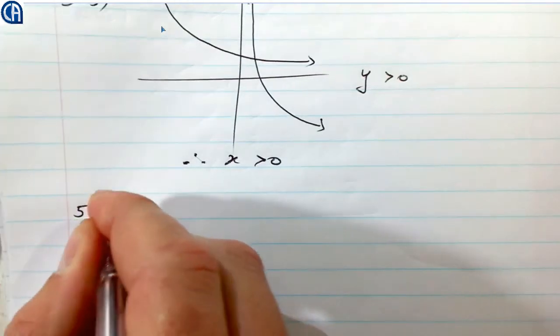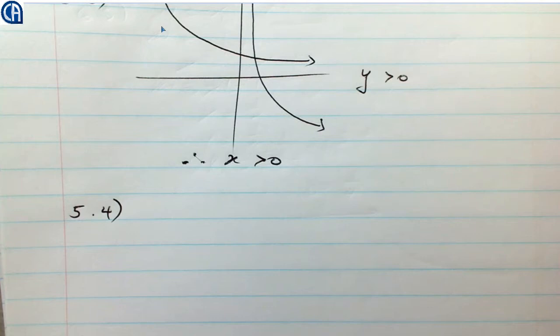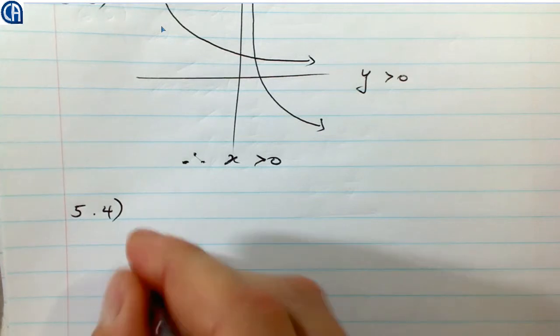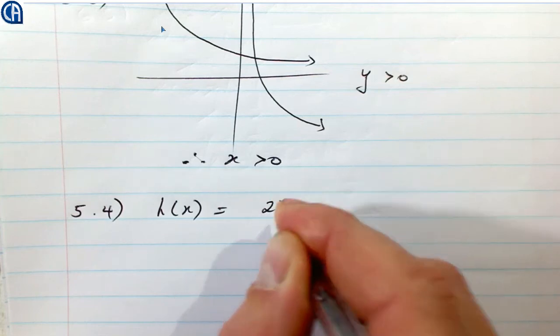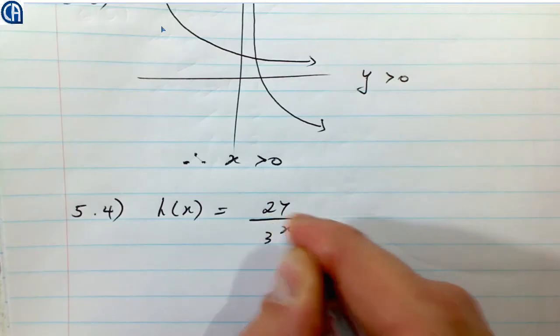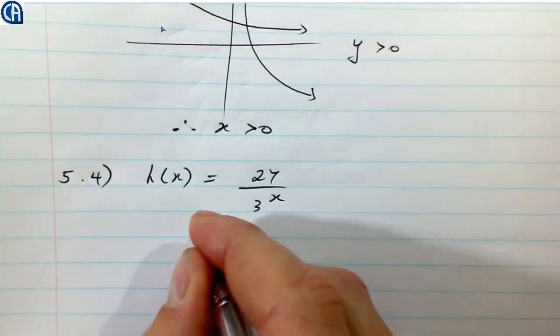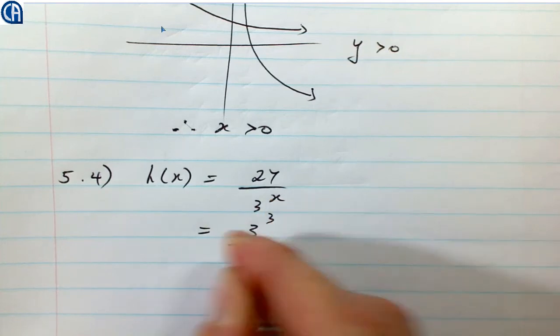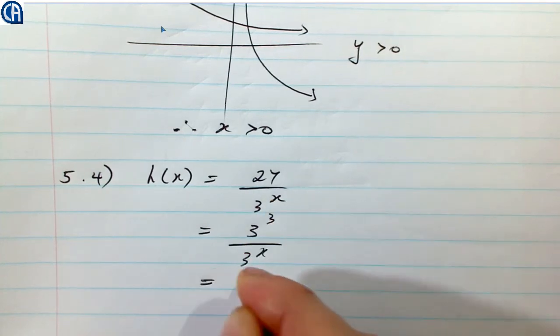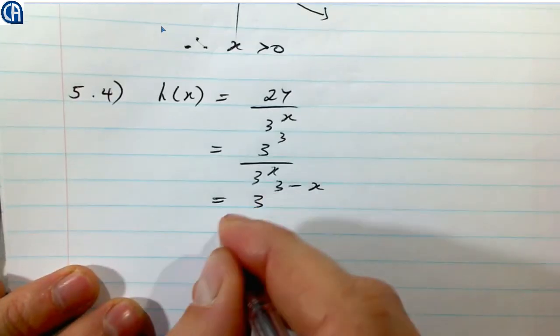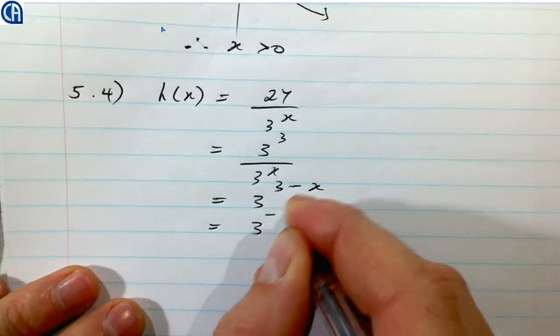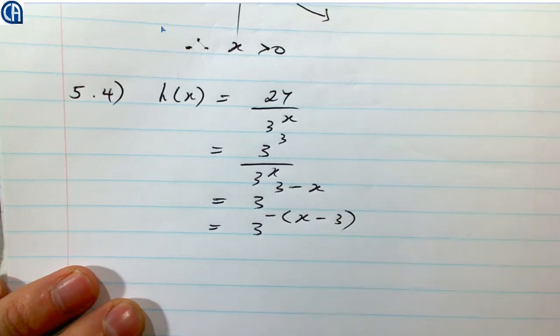5.4. Describe the translation of f to h. So h is equal to 27 over 3 to the power of x. So 27 is 3 to the power of 3, over 3 to the power of x, which becomes 3 to the power of 3 minus x. If I take out a negative as a common factor, I'll be left with x minus 3.